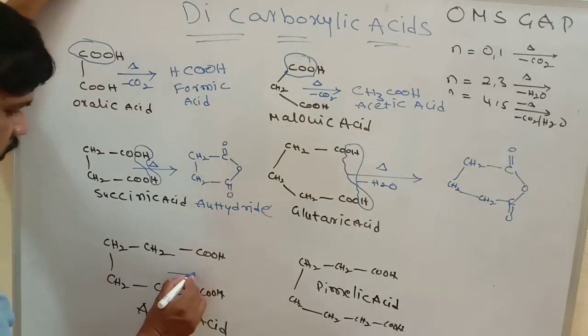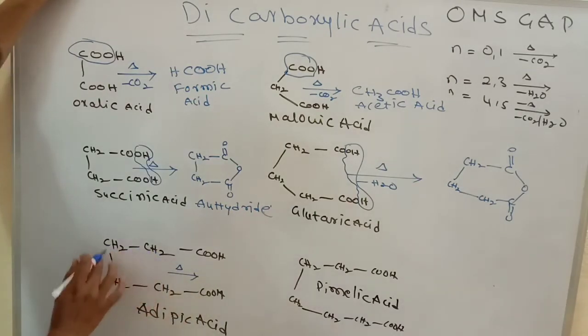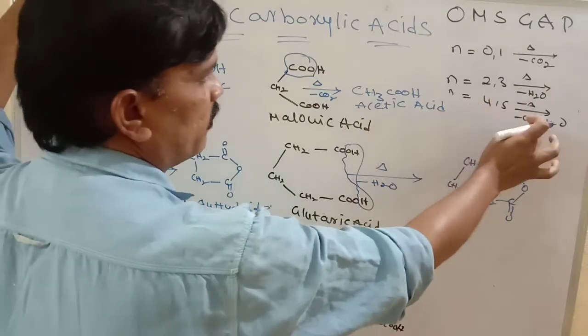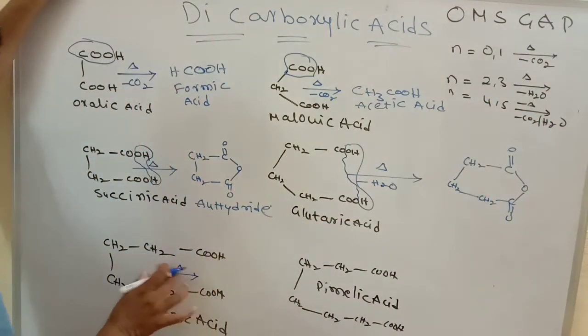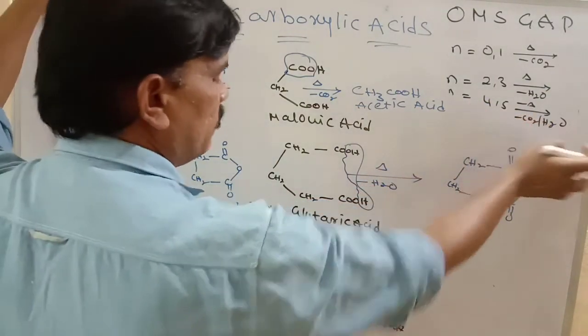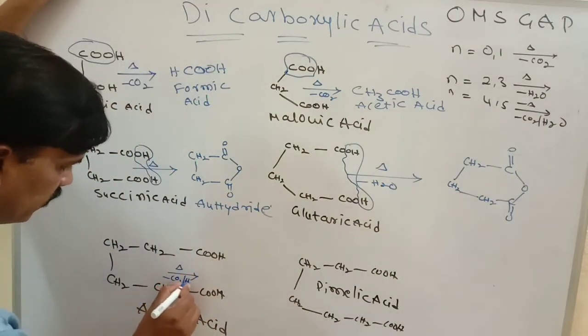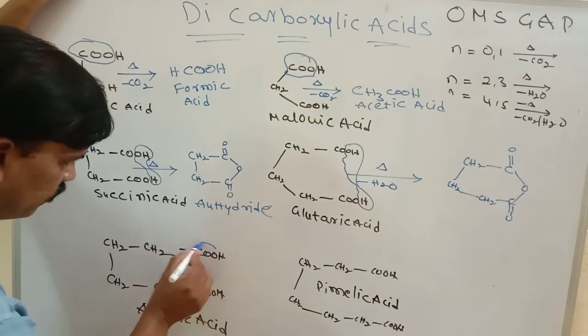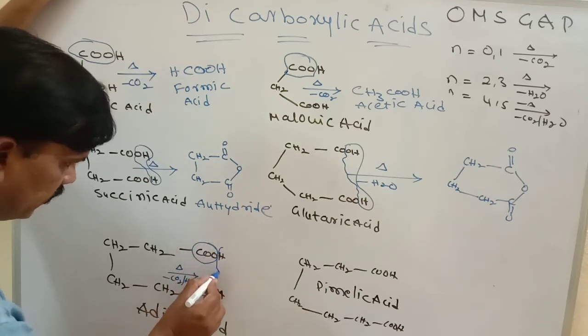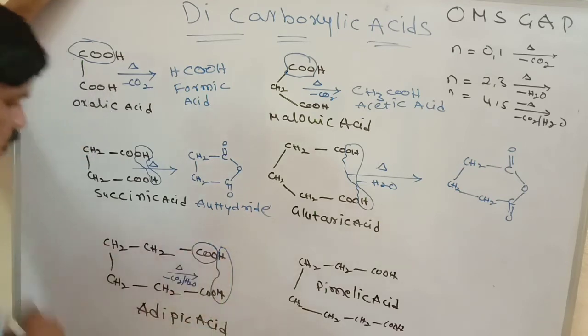Now heating this one, 1, 2, 3, 4 carbons are there. 4 carbons in between the dicarboxylic acid means just eliminate CO2 and H2O. CO2 we eliminated, and H2O eliminated.